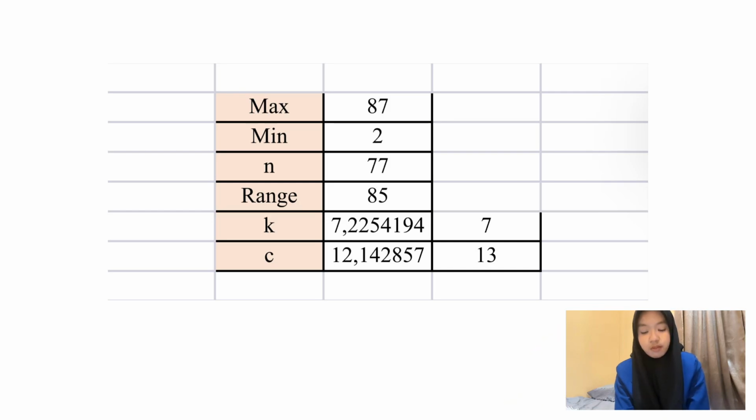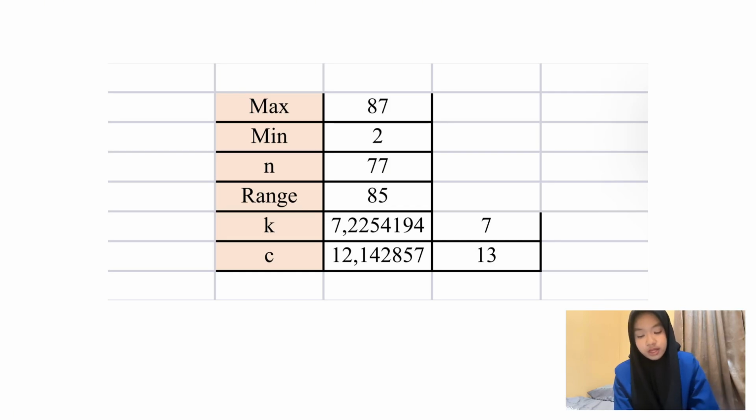The range is computed as the difference between the maximum and minimum values: 87 minus 2 equals 85. The number of classes K is determined by applying Sturges' rule: =ROUNDUP(1 + 3.322 × log10(77)), producing K = 7, from a raw value of 7.6692.